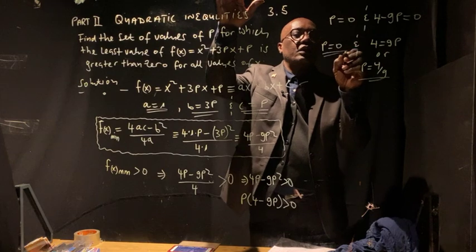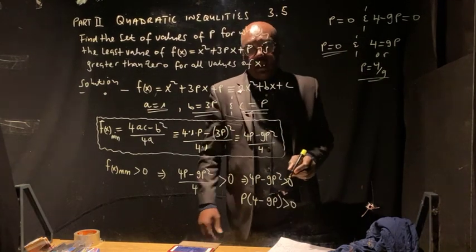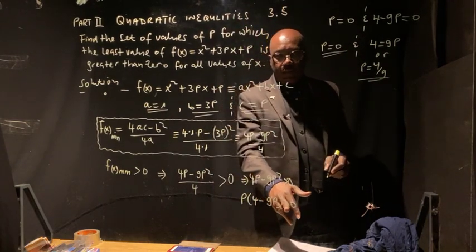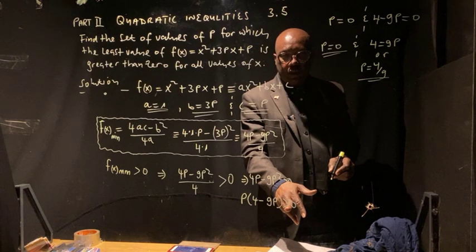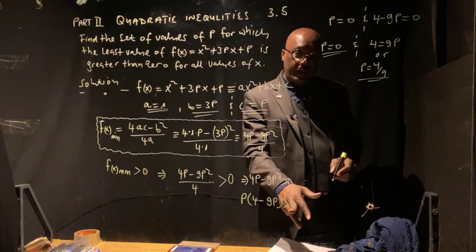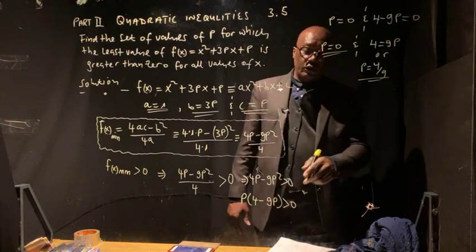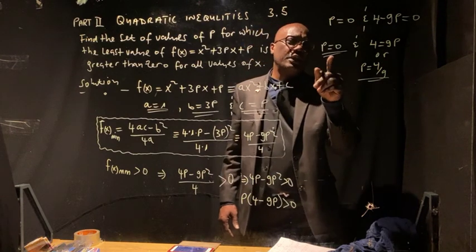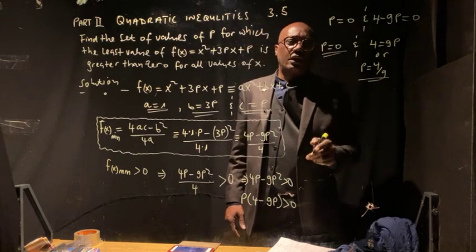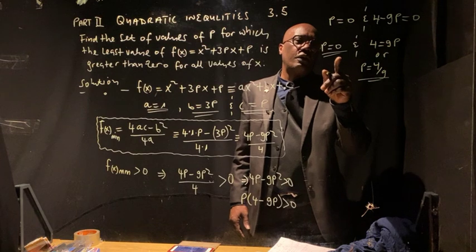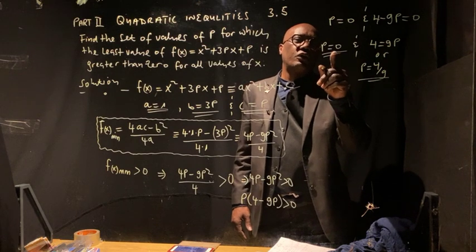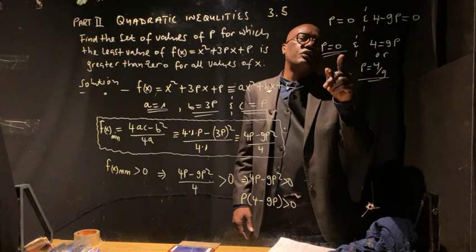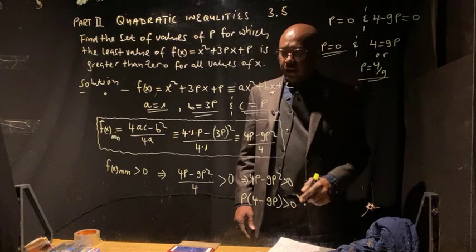This one and this one is what we need. And then we are going to continue the algebra. In the meantime, we can see that it is a graph where the curve will pass through the points p equals 0 and p equals 4 over 9.